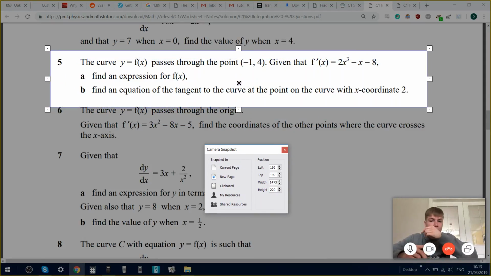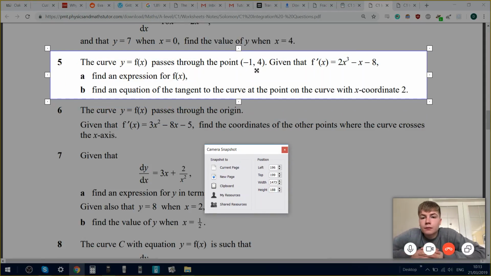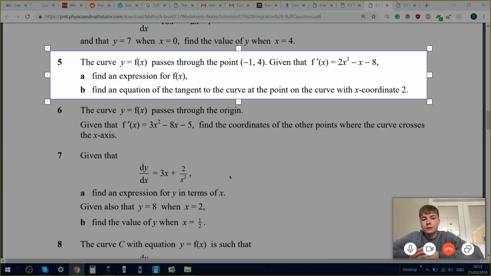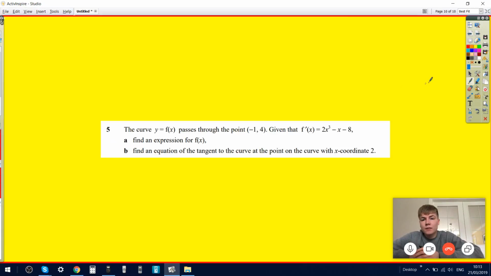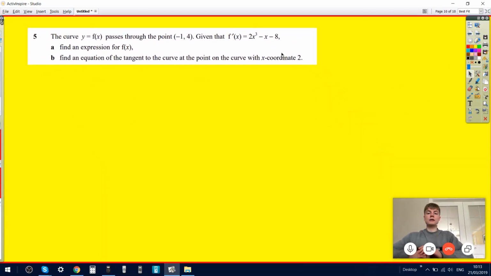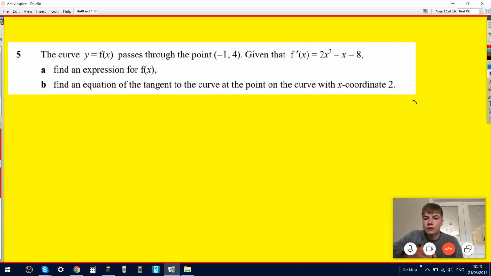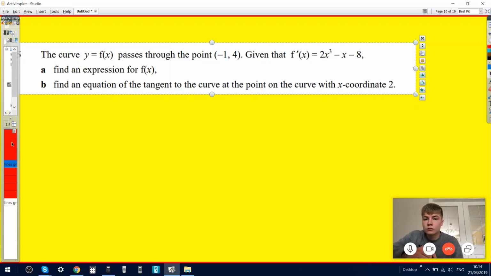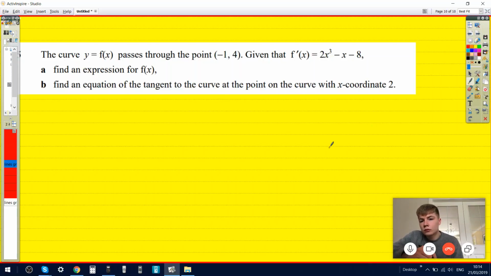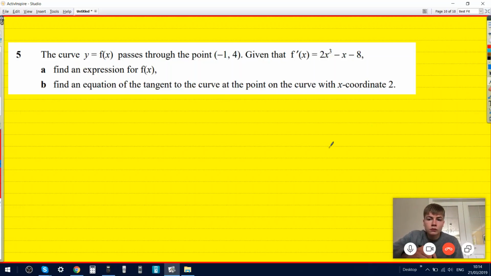How would you go about finding the equation of a tangent to a curve? I don't know. Try it. So what do you think about this one? There's an expression for f of x.